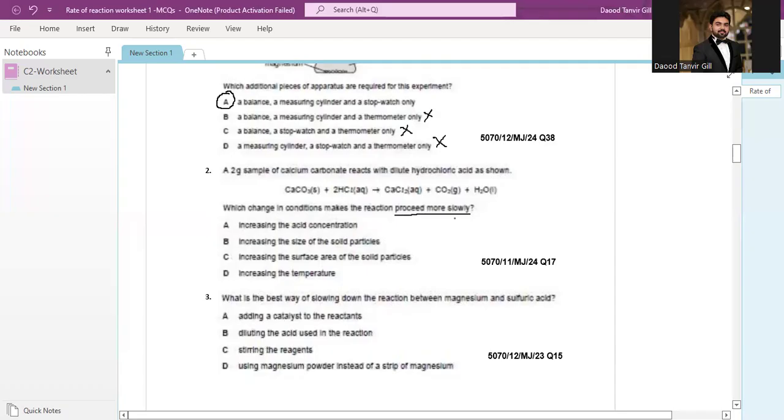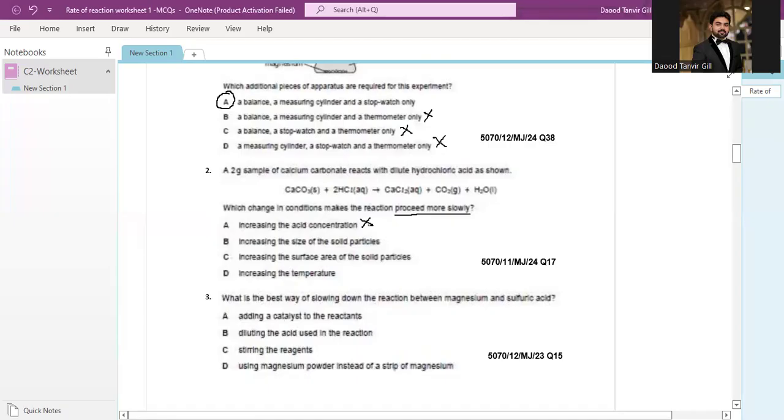Increasing the acid concentration. As we know, increasing the acid concentration increases the rate of reaction as particles are more crowded and they collide more frequently. So this will definitely increase the rate of reaction, but A cannot be the correct option. So we'll put a cross or eliminate this option.